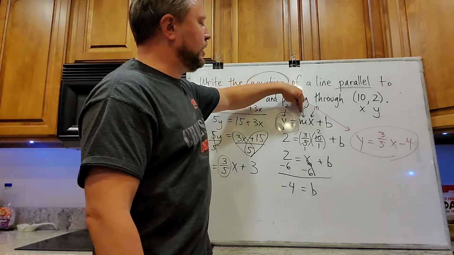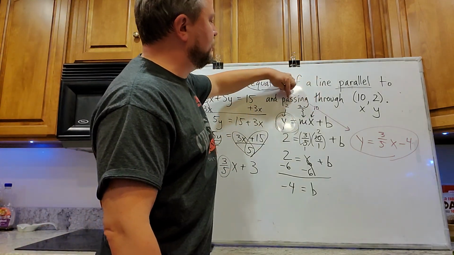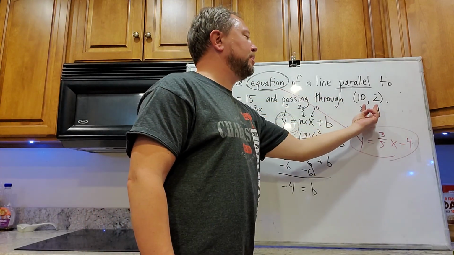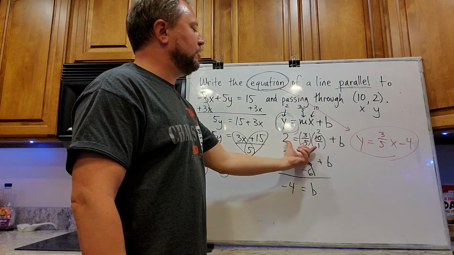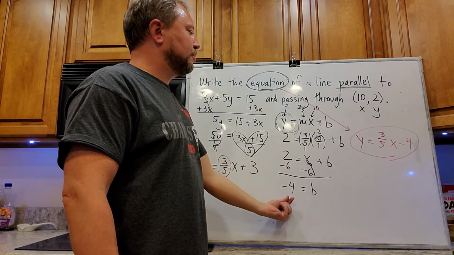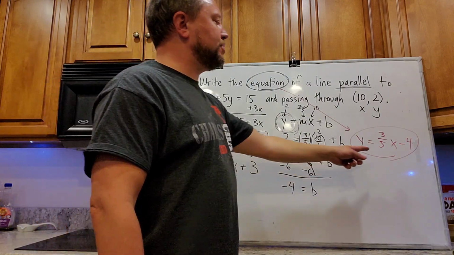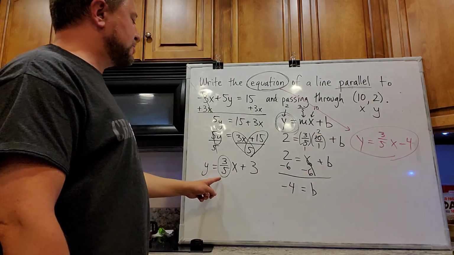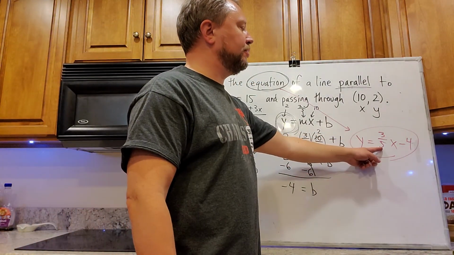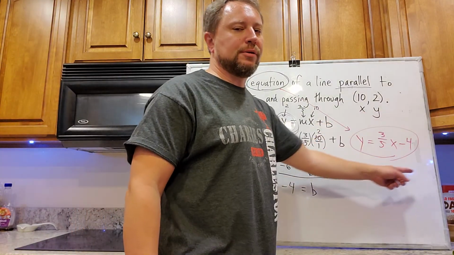You plug that into here. You plug in your x and y values from this point that you want it to go through as well. After plugging all that in, you solve that for b. And then that b goes into our equation at the end over here, along with that slope of 3/5 here. So that's how I got that equation.